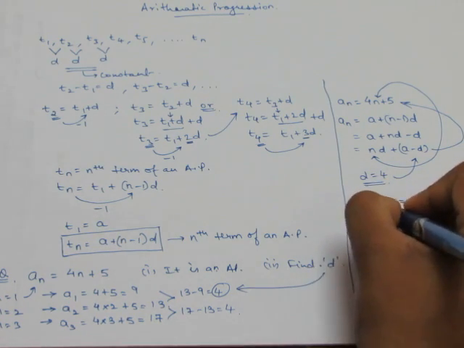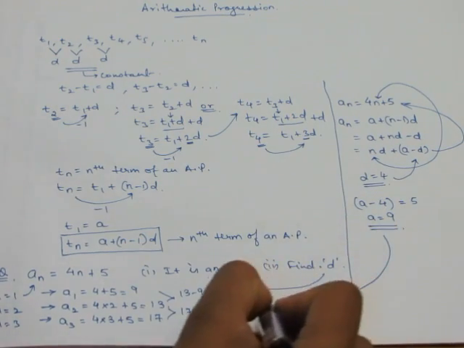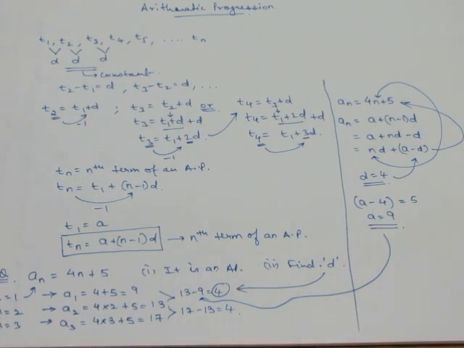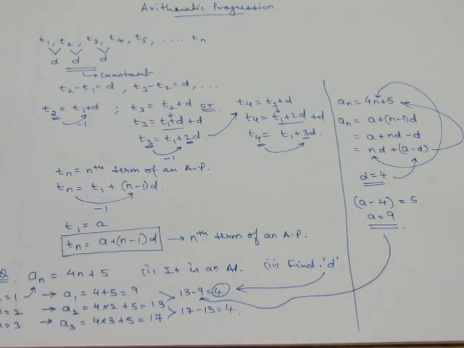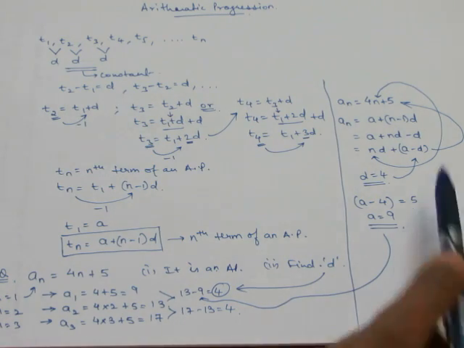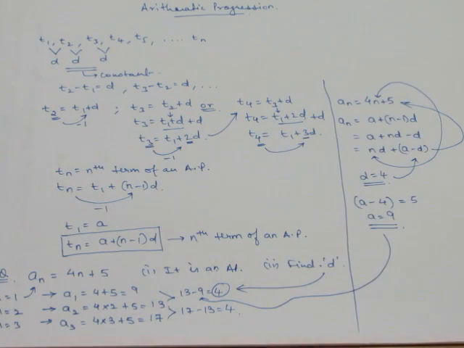I get A as 9, which is the same as this one, the first term of the AP. So this is one method where we put values of n and check if it is an AP or not. And the second method is we can compare directly with our general term and whatever term is given. Cool.